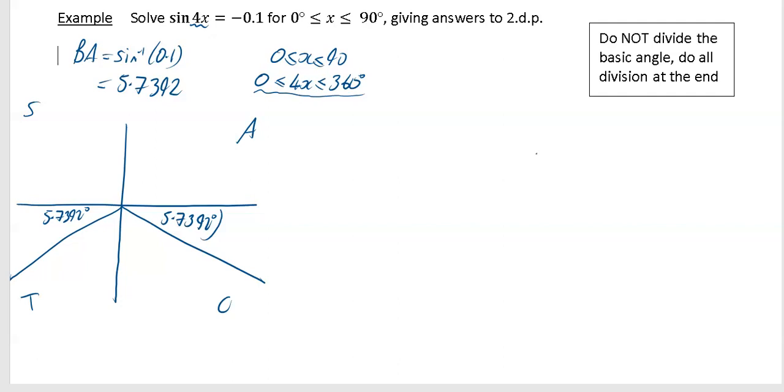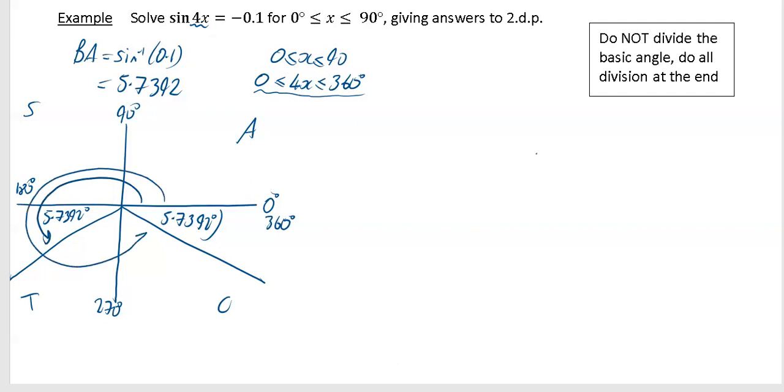Why it goes in the C and the T is because the sine is negative in these quadrants. So I've got my 0 degrees, my 90 degrees, my 180 degrees, my 270 degrees, and back to the start. This is back a full turn, so this is 360 degrees. So my first angle is all the way around to here. My second angle is all the way around to here.